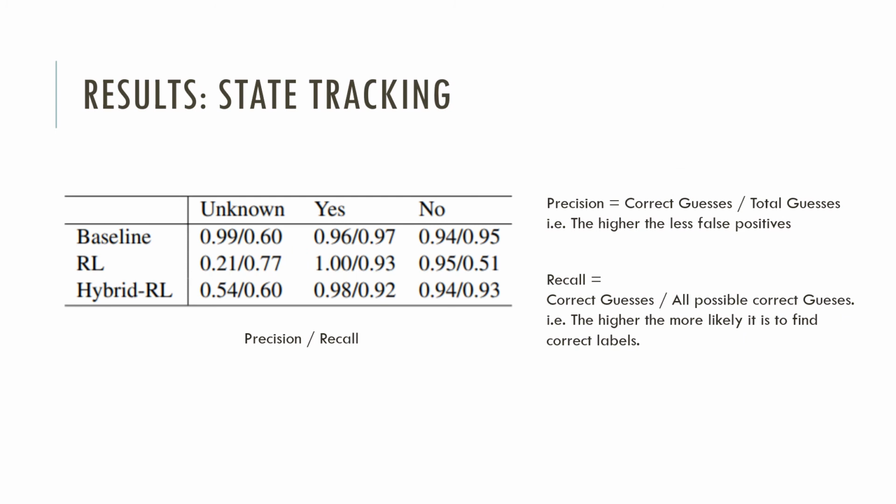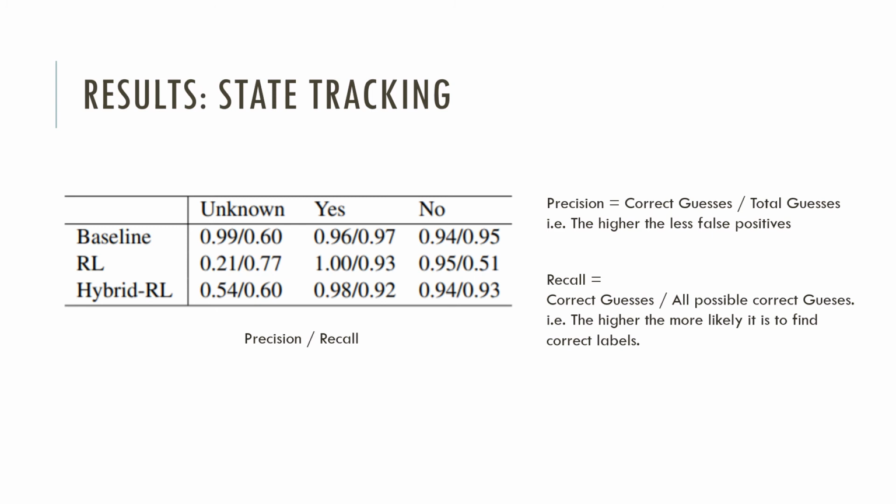In order to better understand the win rate results, we may look at how the different algorithms did with respect to tracking the state of the conversation, which essentially was represented by the hypothesis in the RL case. So here we're comparing how each of the algorithms did in terms of their classification precision and their recall.